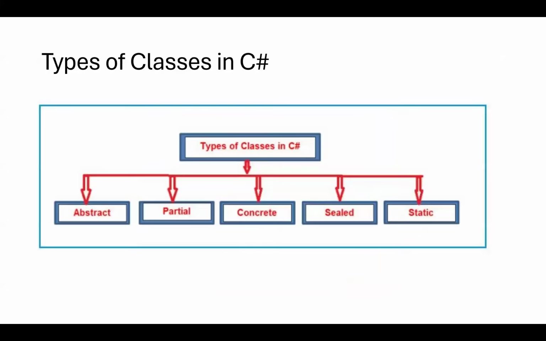When I speak about class in C#, we have a few types of classes. Which ones? We have abstract class, partial, concrete, sealed, and static.